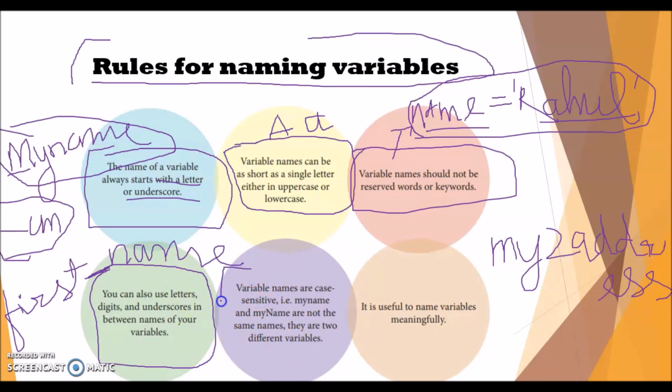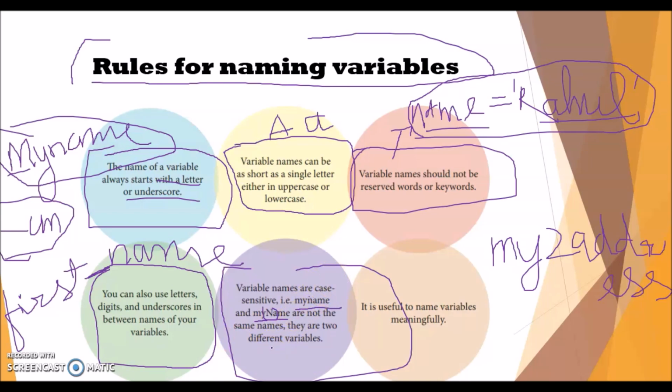Then, variable names are case sensitive. Case sensitive means if I write my name where n is small, and if I write my Name where N is capital, these look like the same name but their meaning would be different.